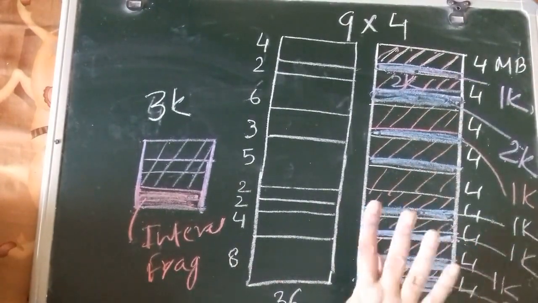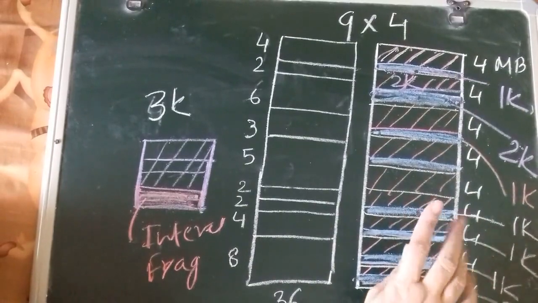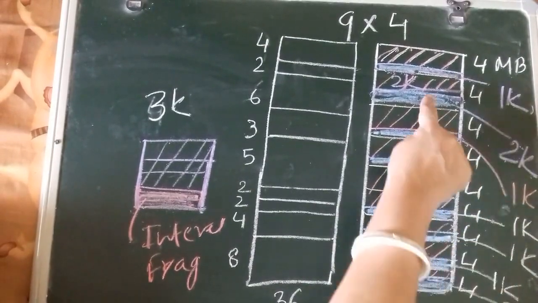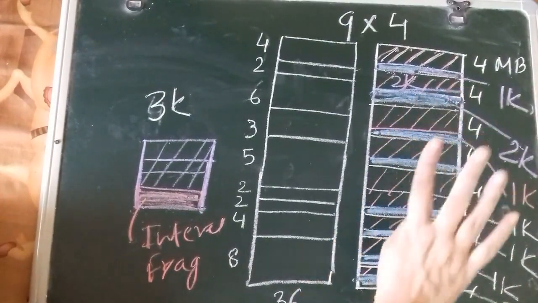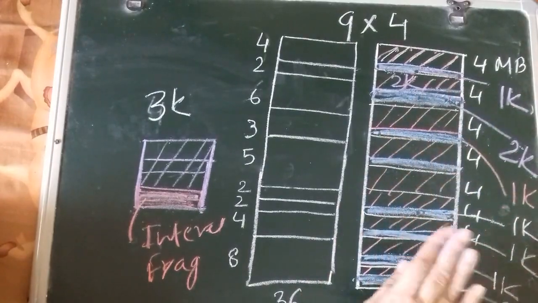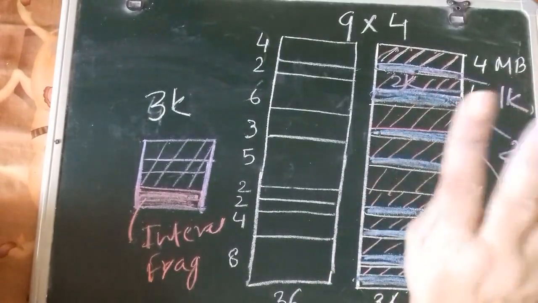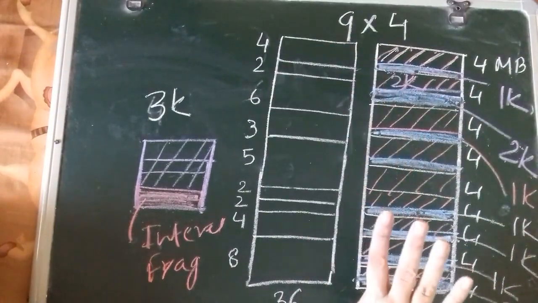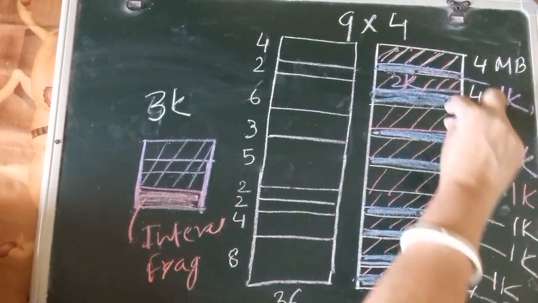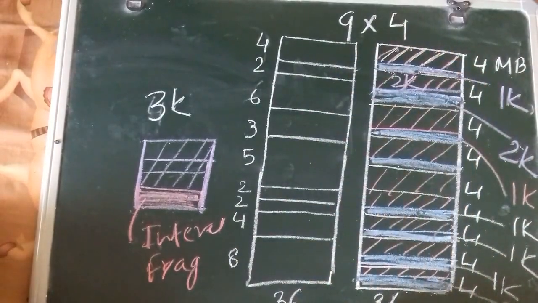I cannot fit a process in that. I could fit a process of less than 1K, but usually process size will not be less than 1K, so I can consider this as waste. If the process size is 1K, we can accommodate it in that fragmented space.